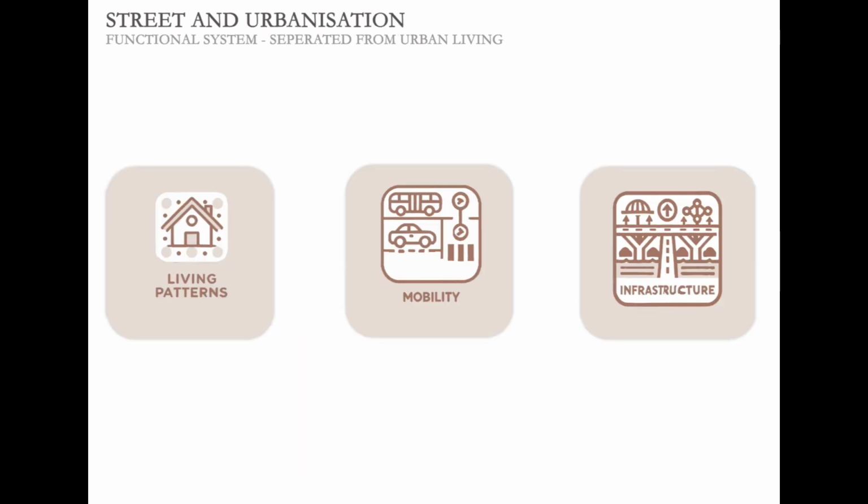Street and urbanization systems of function delve into three crucial aspects vital for city growth: living patterns, mobility, and infrastructure. Living pattern encompasses how living areas and housing design impact city life by providing housing options and fostering community growth.